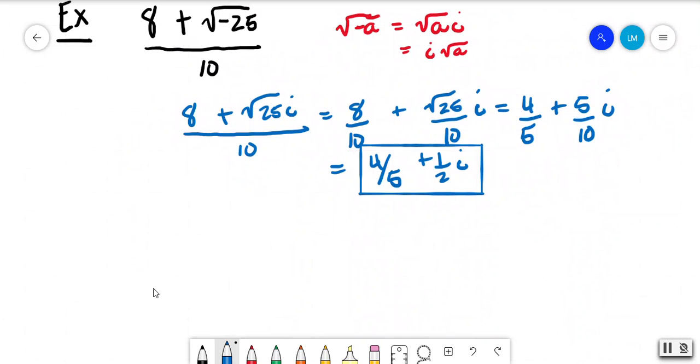Now, one thing that's kind of interesting is that when you work with complex numbers, it doesn't work exactly the way that you think it does.